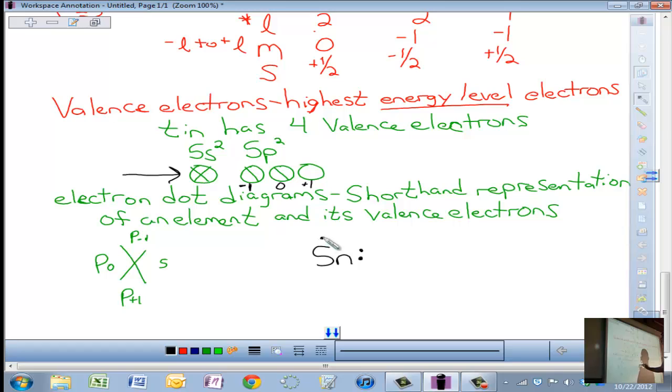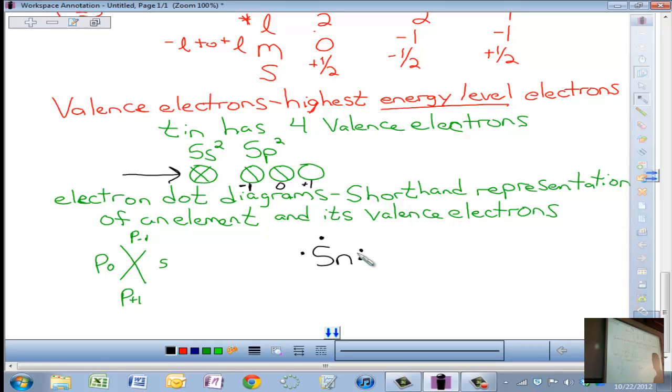P -1 goes on top. I come over here to the left. My 0 orbital has 1 line in it, so it also has 1 dot on the left side. And when I look at my +1 orbital, there are no lines in it, so there are no electrons. So here are the 4 valence electrons for tin.